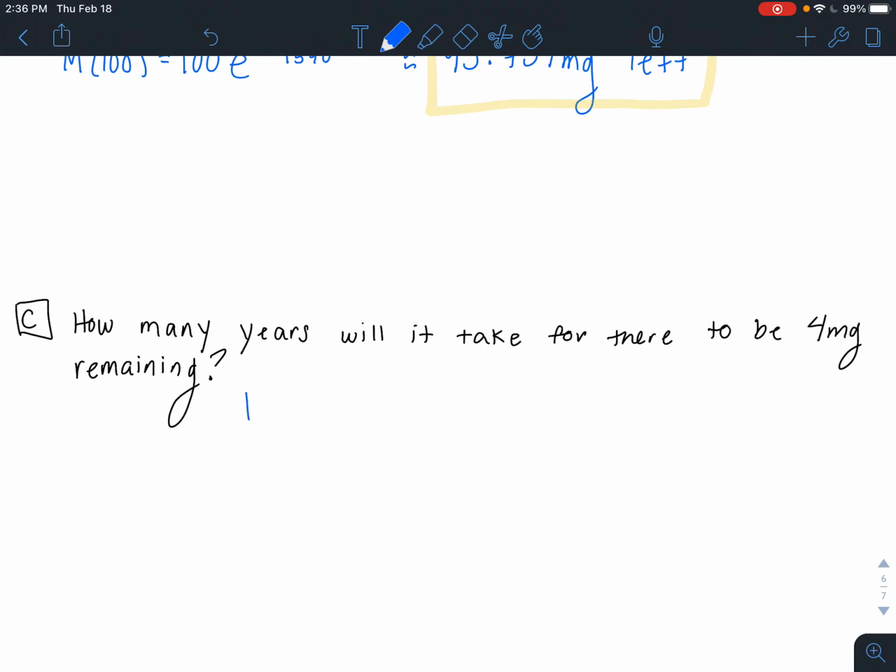Now they're asking the opposite. We want to know the time that it's going to take for there to be 4 milligrams left. So I know that my model, using that same equation we already came up with, I now want to know when it's going to equal 4.